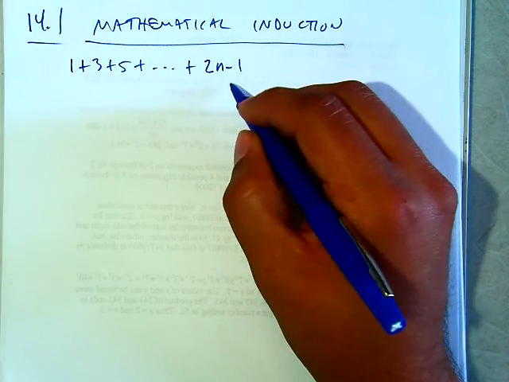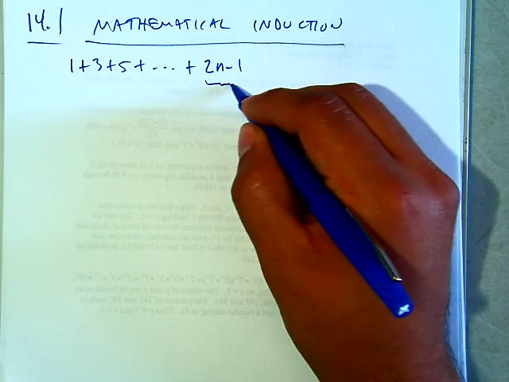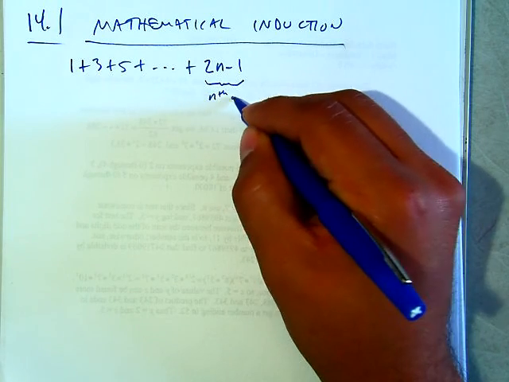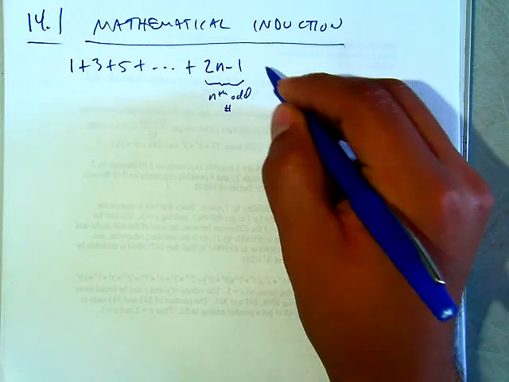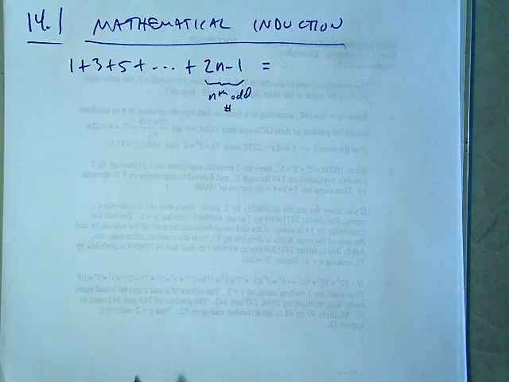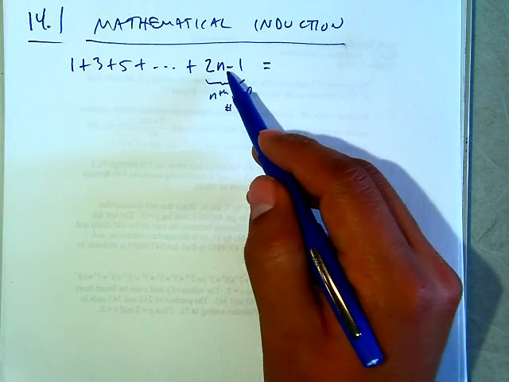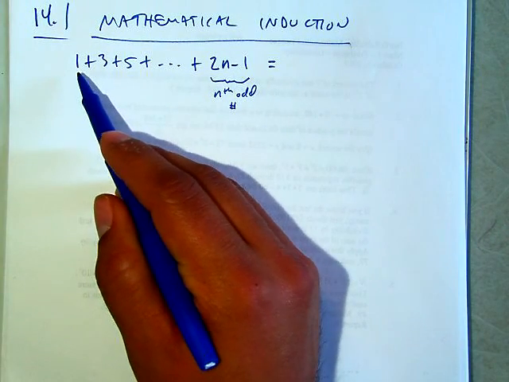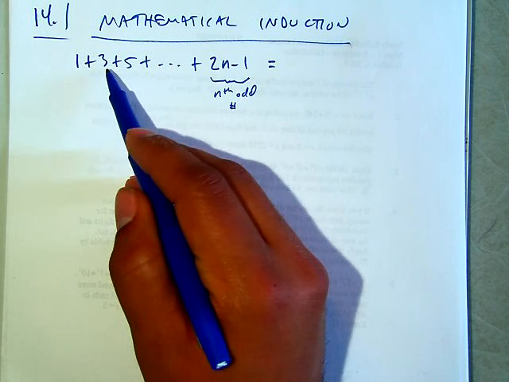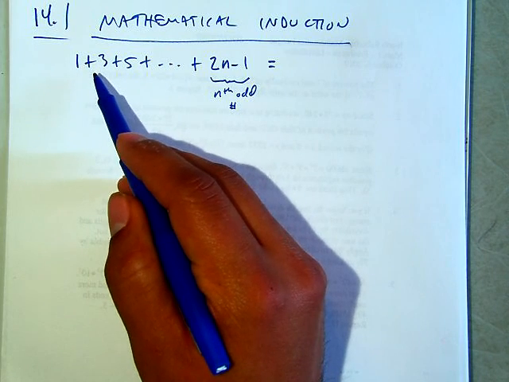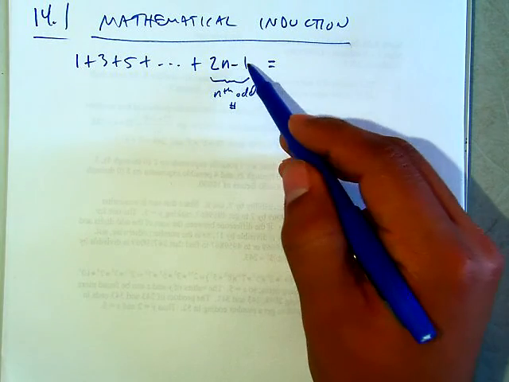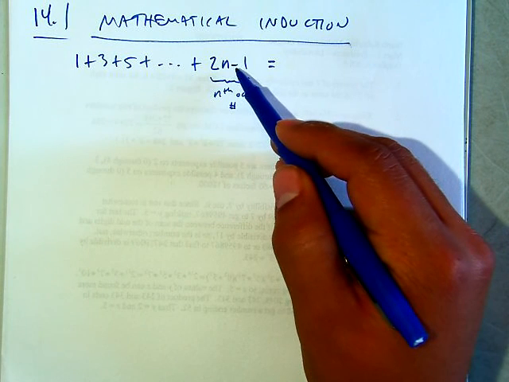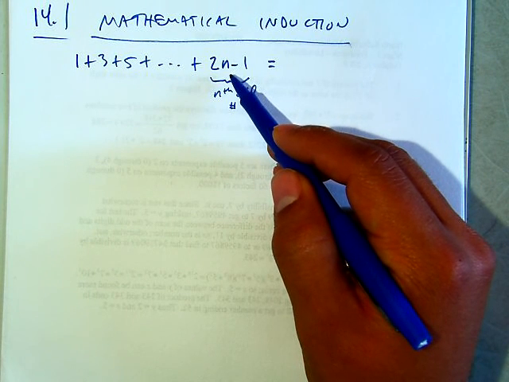In general, this would be the nth odd number. Meaning that the first odd number would be 1, we know that. The second odd number would be 3, everybody knows that, right? This little formula right here tells you what the last odd number is that you're going to sum.